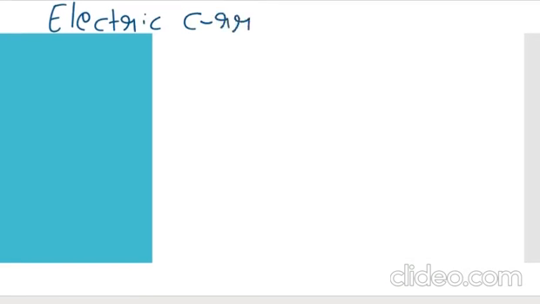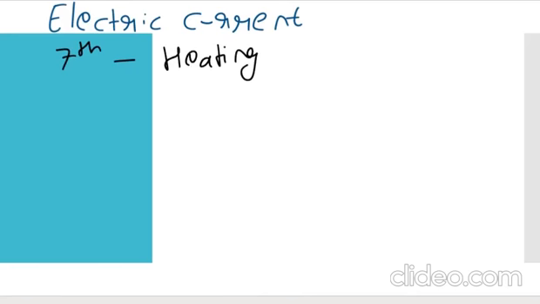Now students, when I talk about electric current, you have been studying it since grade 7. Firstly, if you remember, in your 7th standard you studied the heating effect of electric current.